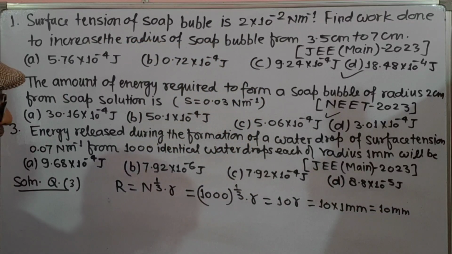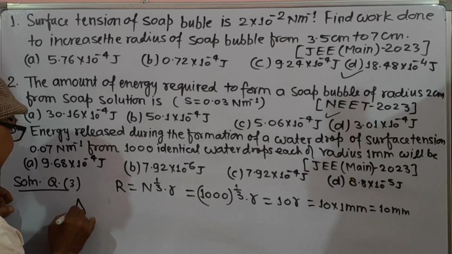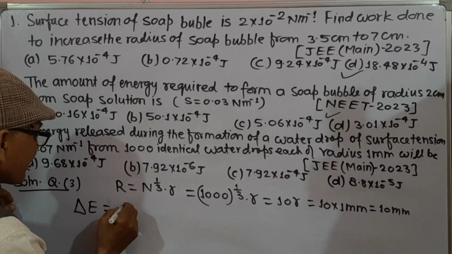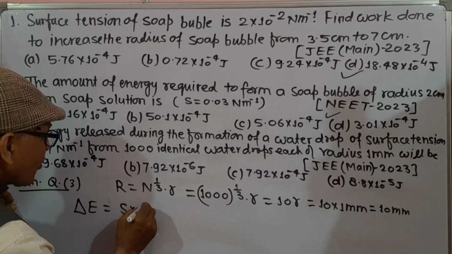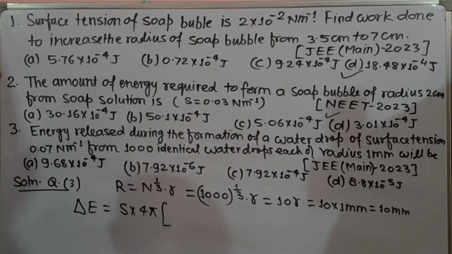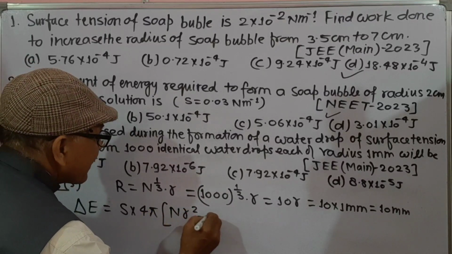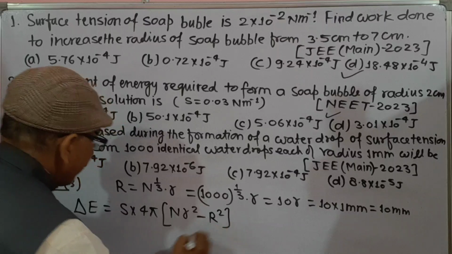Water drops have only one free surface, therefore energy released will be equal to surface tension into 4 pi into final area minus initial area, means n into r square minus capital R square.